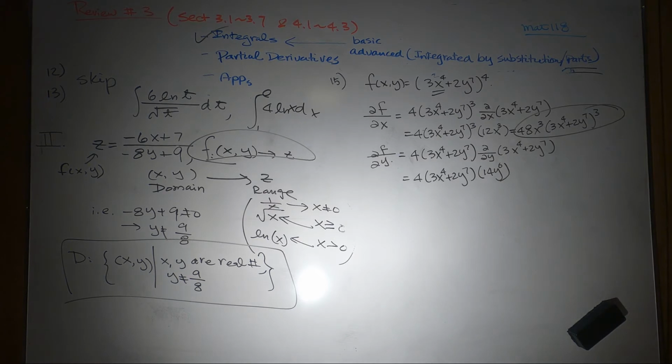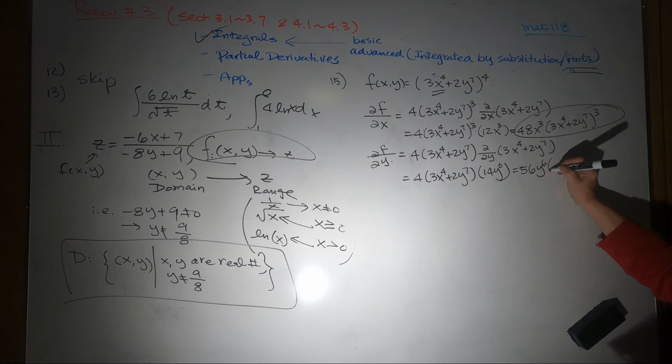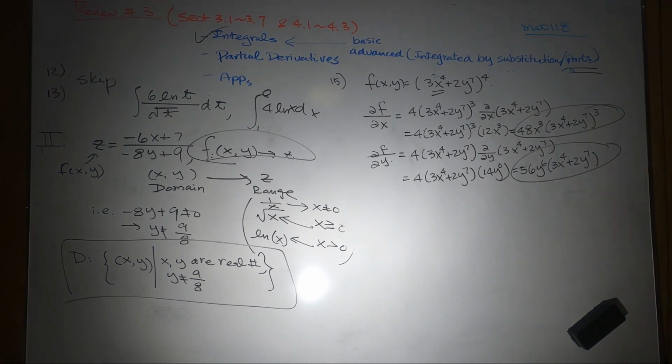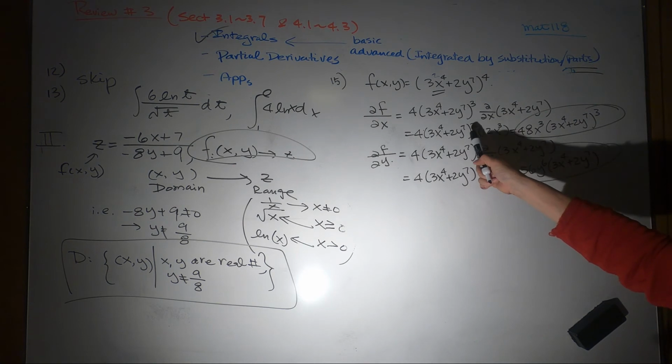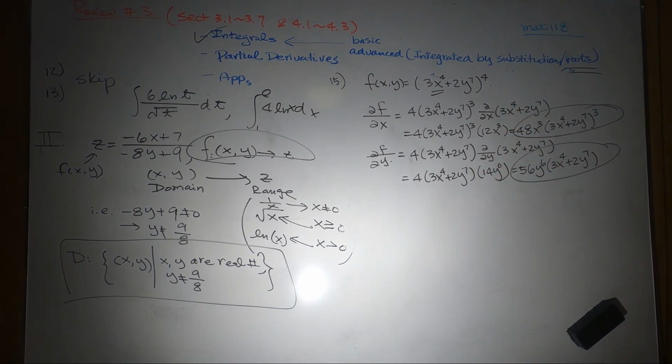Then we clean up, multiplying together, that would be 56y^6 (3x^4 + 2y^7) to the power 3. Is that right? Oops, take a look, typo.